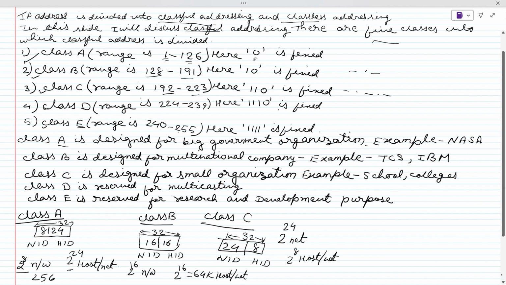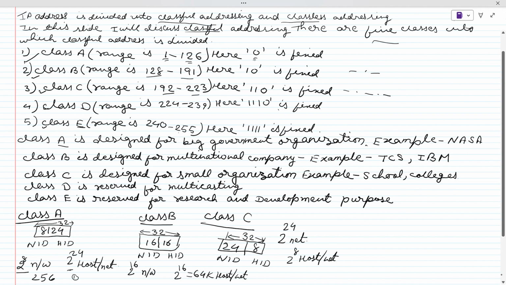So for one network you have to take 2 to the power 24 hosts, means computers, for one network. It is a huge amount, so this is used in big organizations like NASA, government organizations.